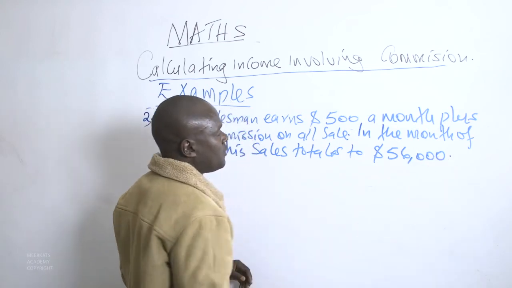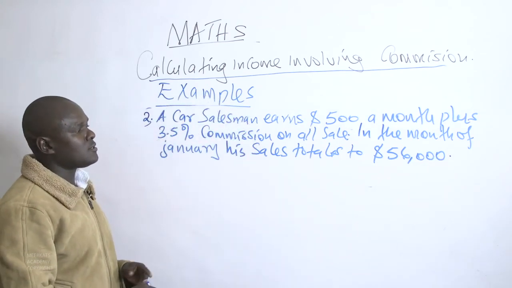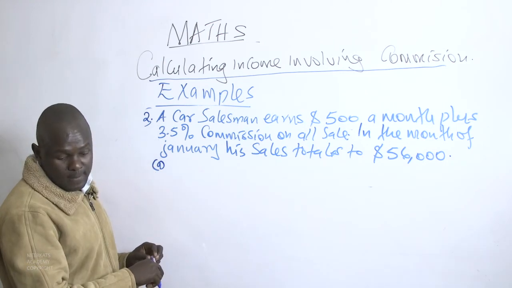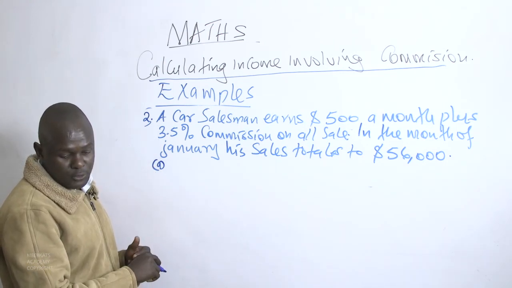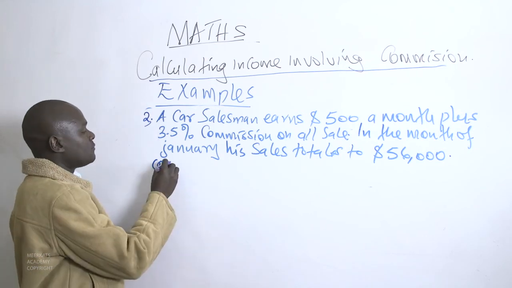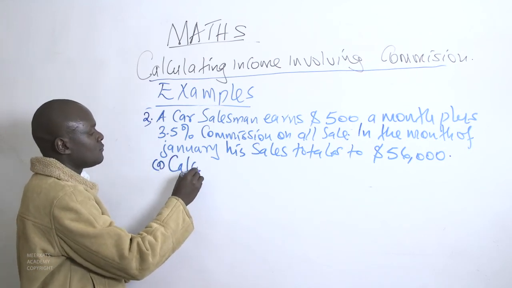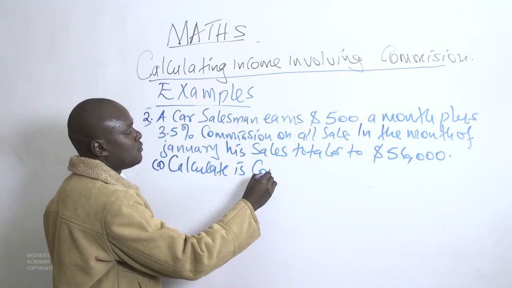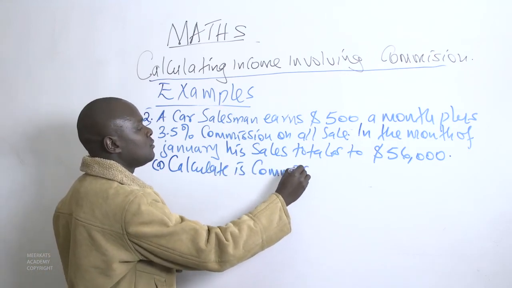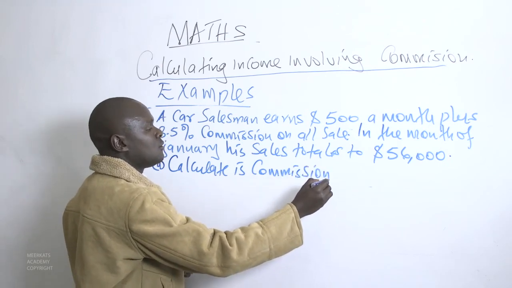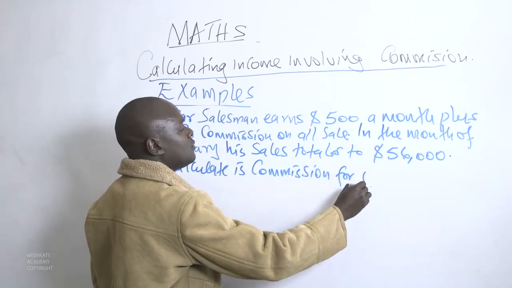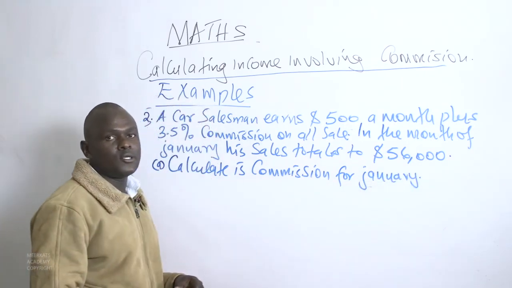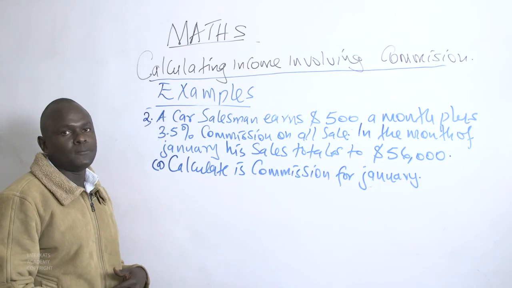His total sales were $56,000. And our first question is for us to calculate his commission for the month of January. Calculate his commission for January.